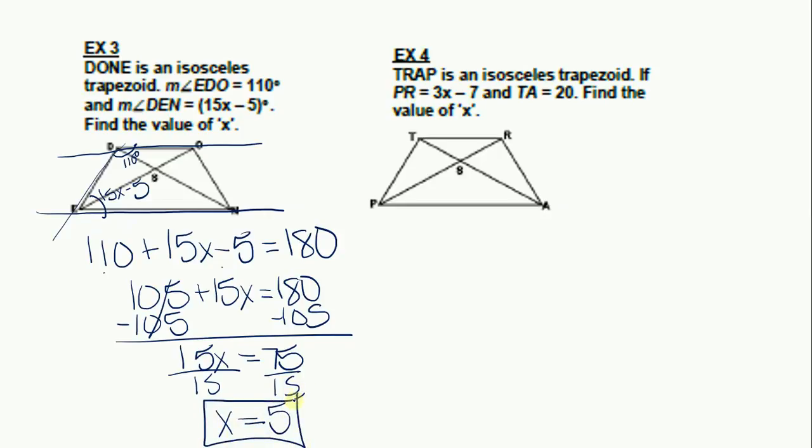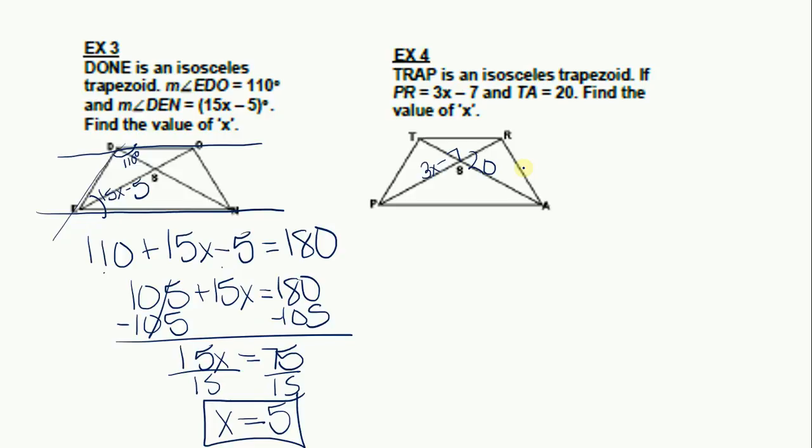Let's try example 4 now. I am told trap is an isosceles trapezoid if PR is 3x minus 7 and TA equals 20. I need to find the value of x. Well, what do we know about isosceles trapezoids? Let's look at our properties here. We're talking diagonals.